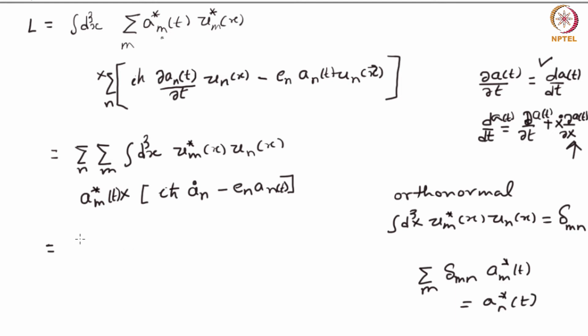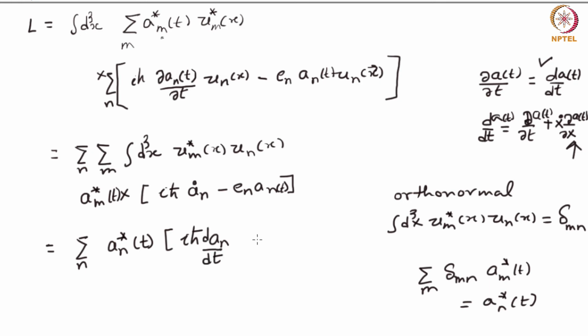So I get summation over n a_n star, and then i h bar d a_n over dt minus E_n a_n(t).